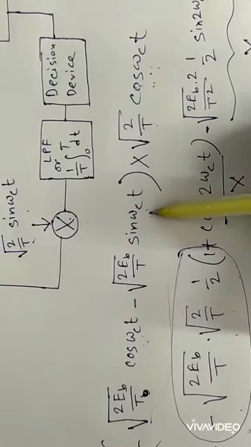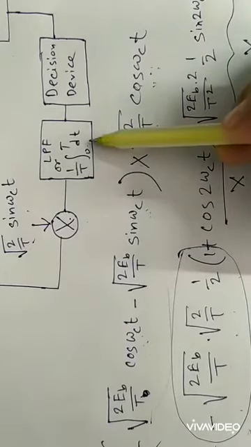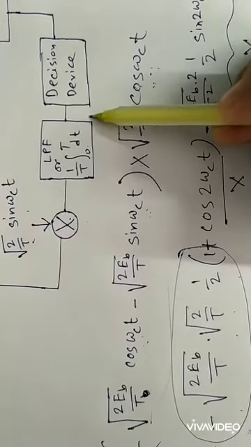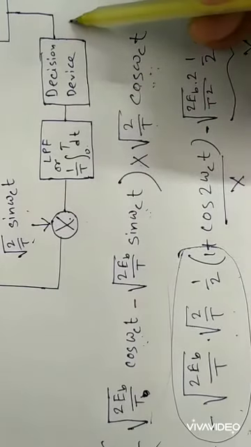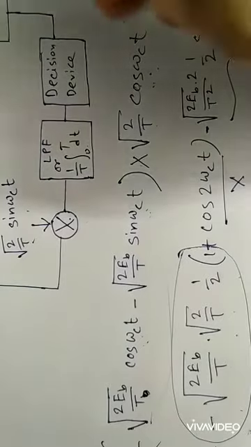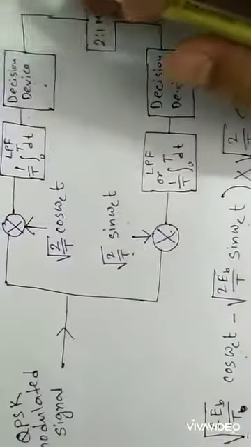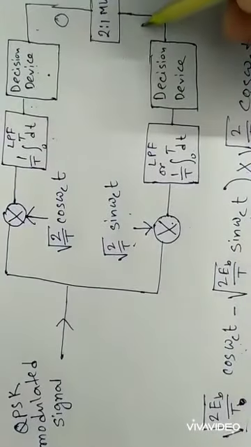Again if we pass this signal through the low pass filter, you get only a negative signal here. Similarly, the decision device will decide the received signal is 0. So here you get 0, here you get 0.